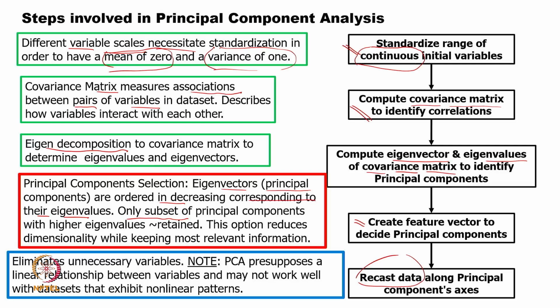So, if I find 5 eigenvalues, lambda 1, lambda 2, lambda 3, lambda 4 and lambda 5, and I am assuming lambda 1 is the highest value, lambda 2 the next highest, lambda 3 the next highest, and then lambda 4 and lambda 5 are very low values. So, I can reject these.